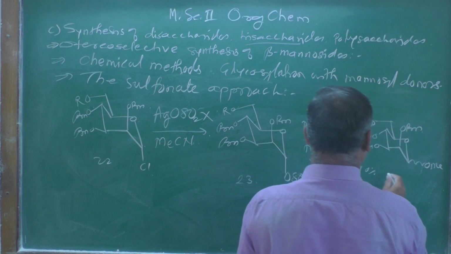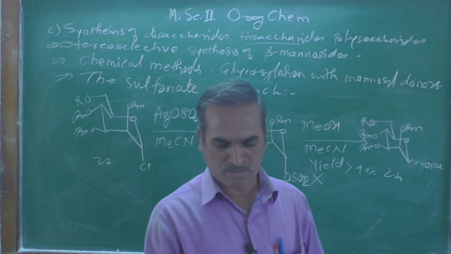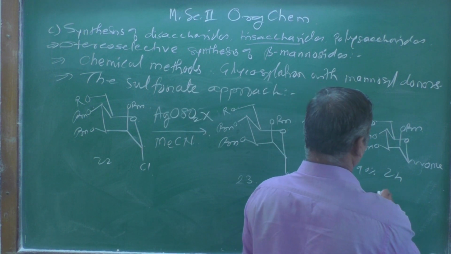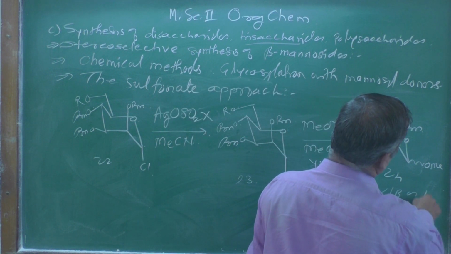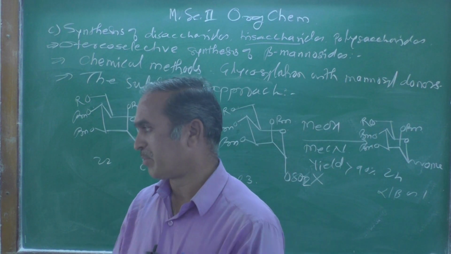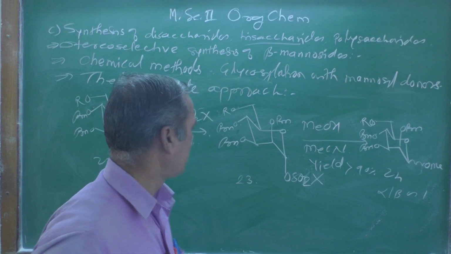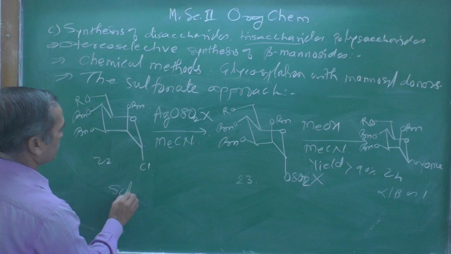This is structure number 24, and this structure number 24 is obtained in about a 1:1 ratio, so 50-50%, and this is scheme number 8.